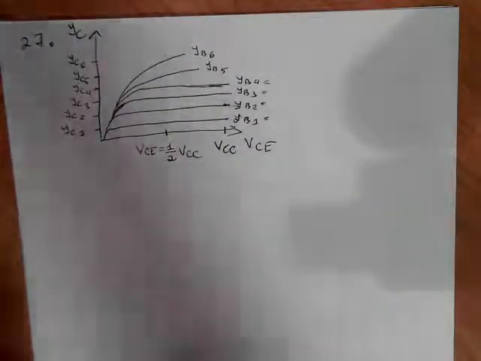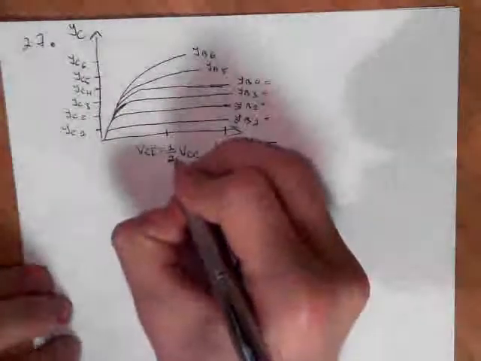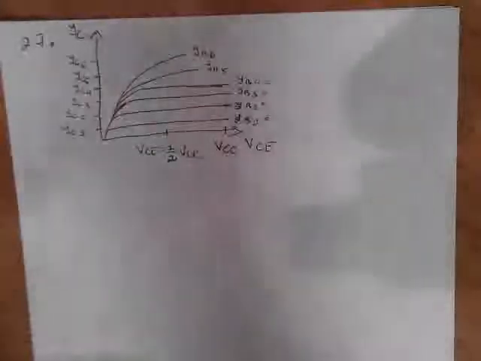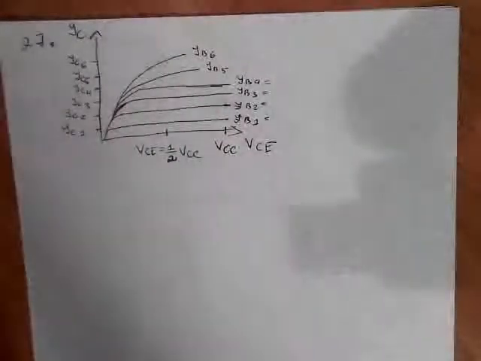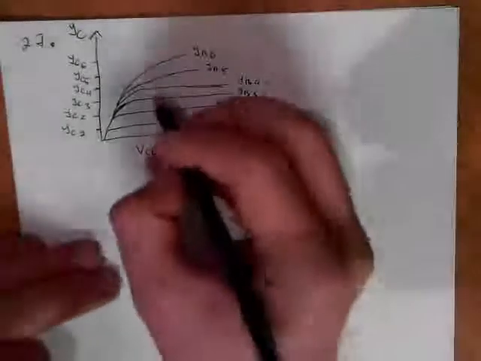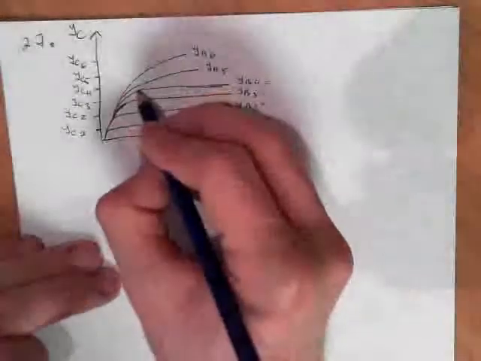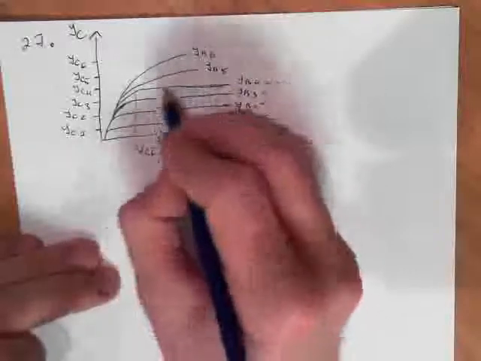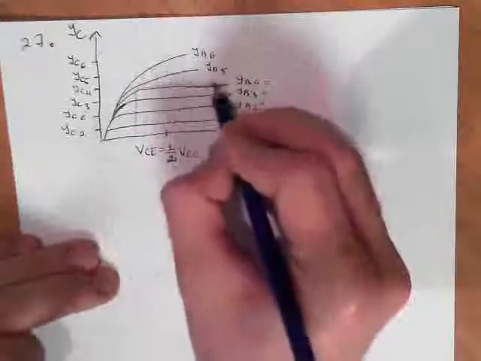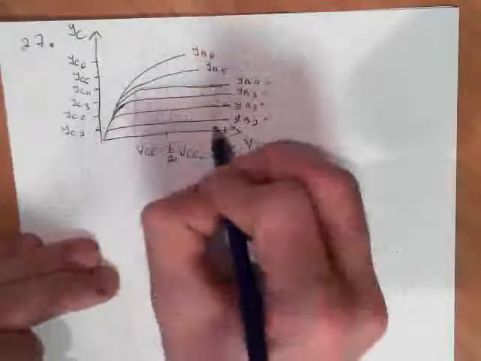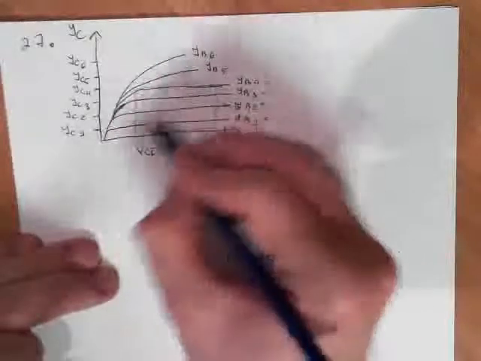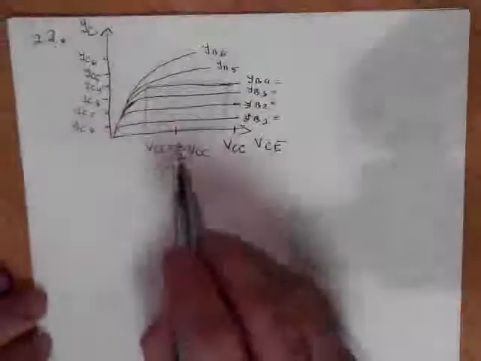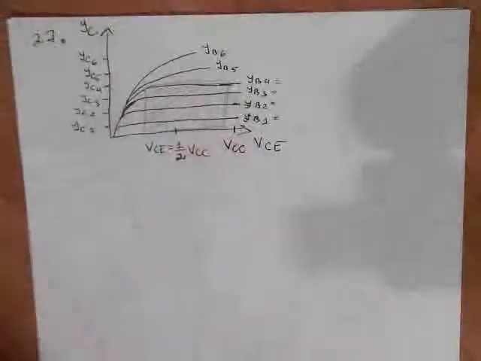So this was half of the collector power supply, and you can see this region where these curves are evenly distributed. It is called the linear region. So this VCE is selected to be in the linear region.